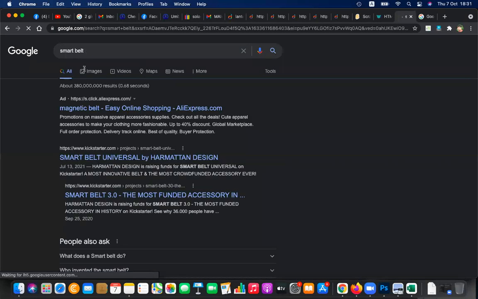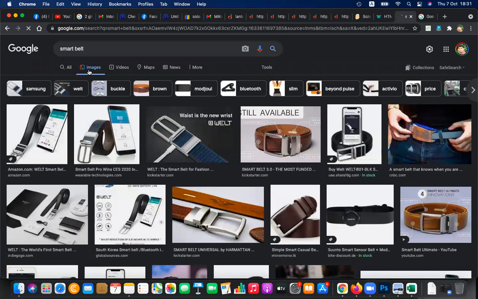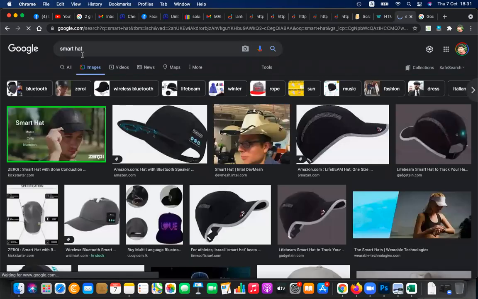The wearing belt can be smart. Smart belt can be connected to a computer. And let's talk about a smart hat. A hat can be connected to the computer. That is called a smart hat.